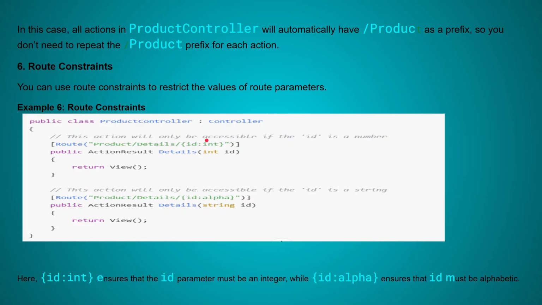If you give a string, this will throw an error. And this action will only be accessible if the id is a string. Look here, Route product/details/{id:alpha}. We have given alpha, that means it's a string. Here id:int ensures that the id parameter must be an integer, while id:alpha ensures that id must be alphabetic.